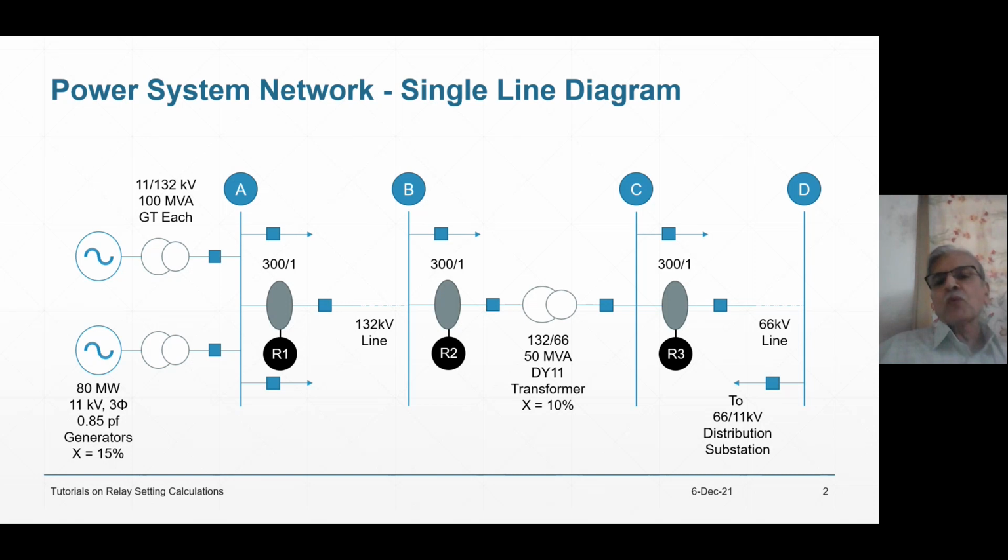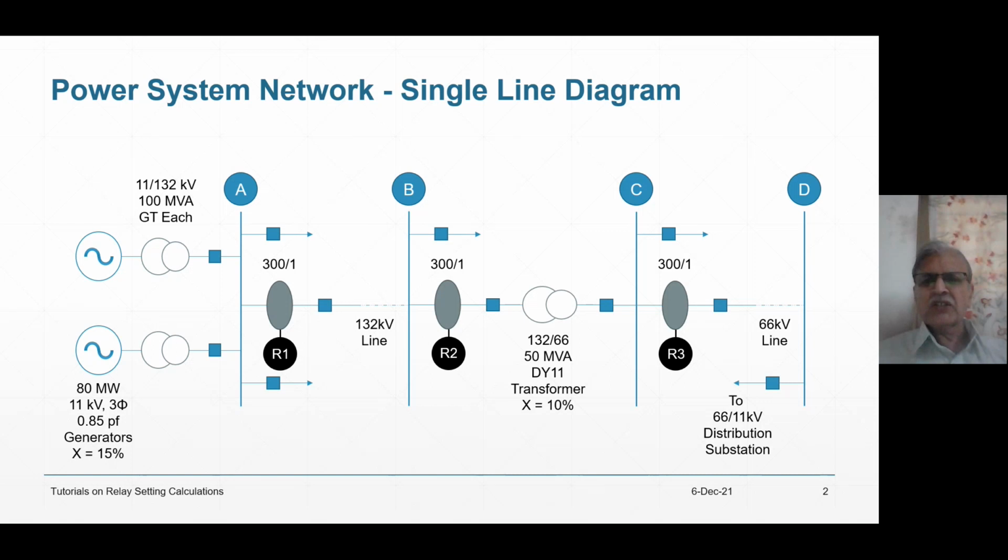Then we have 132 by 66 kV transformer, 50 MVA, DY11. Then from bus C onwards, 66 kV lines are emanating. One of the lines is having 300/1 CT, in secondary of which there is relay R3, right? And then 66 kV line is leading to 66 by 11 kV distribution substation.